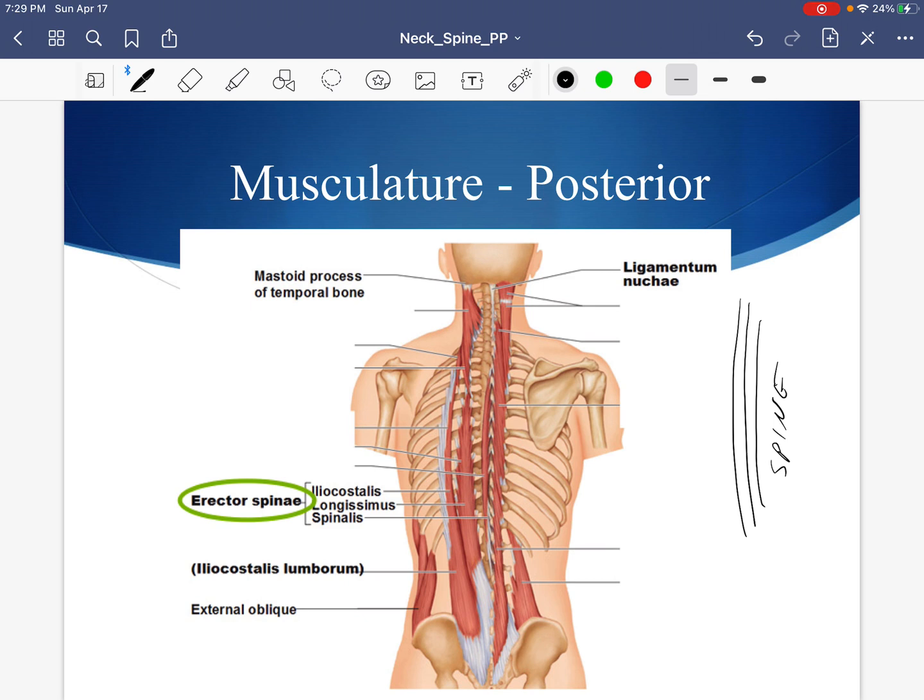So if that was the spine, we would have one set of erector spinae muscles on one side and then one set on the other. These are really, really important. As the name suggests, erector spinae. What do you think they do? They keep you erect, which is another way of saying trunk extension.